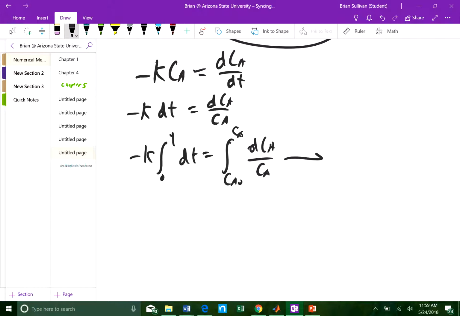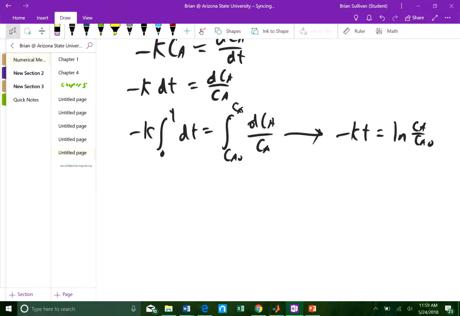If we do the integral, you get negative kt equal to the ln of CA over CA naught. To get rid of the natural log, you put both sides as the power of e. So e to the negative kt, and e to the natural log of CA over CA0 is just going to give you CA over CA0.